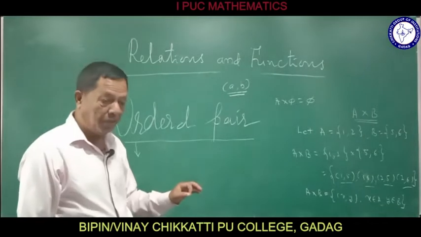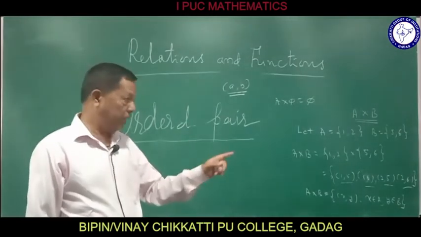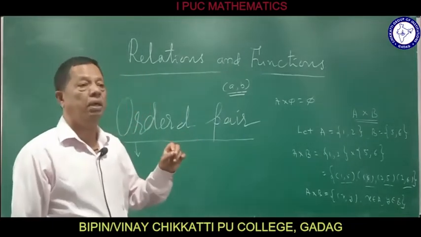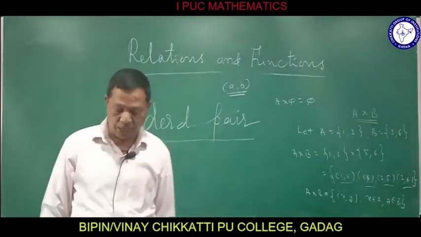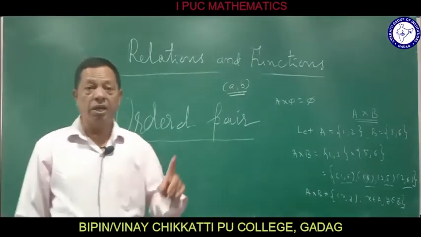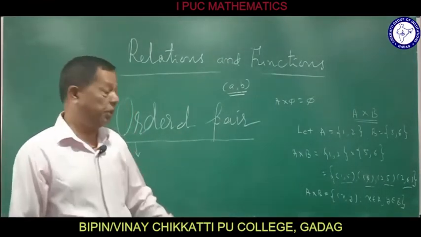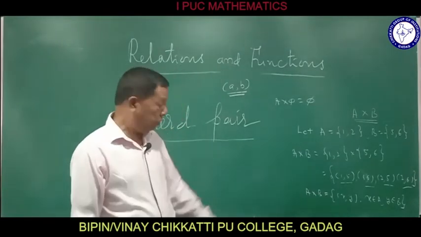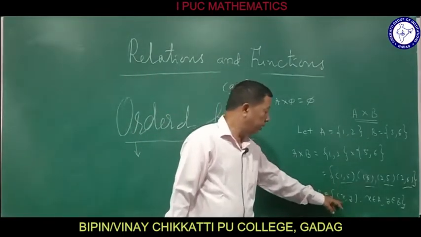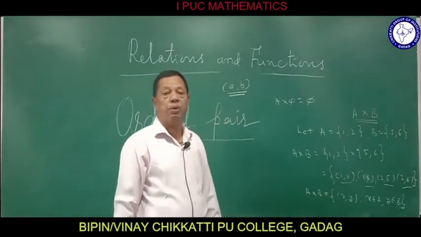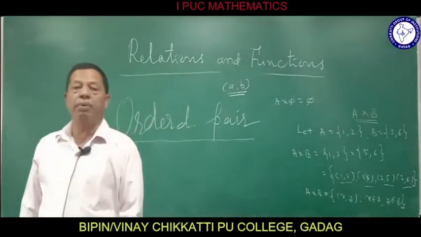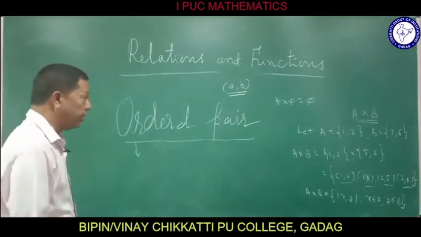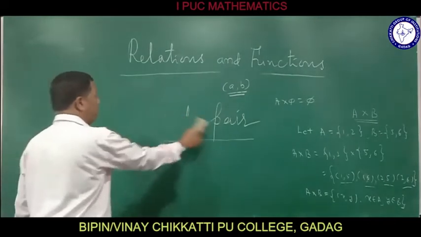What is the definition of the Cartesian product? Once again I repeat, I already told it in the examples. Let A and B be two non-empty sets. The Cartesian product is denoted by A cross B, which is the set of pairs (x, y) such that x belongs to A and y belongs to B. So this is the definition of the Cartesian product and ordered pair.